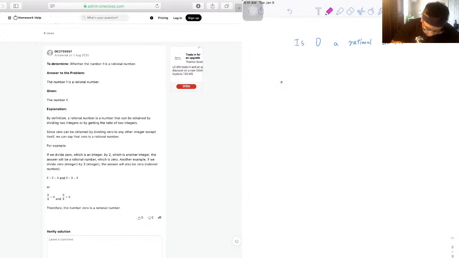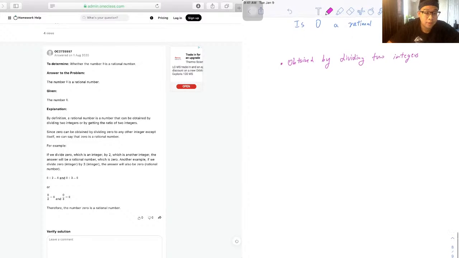So let's write the keyword down. So obtained by dividing two integers, or by getting the ratio of two integers.